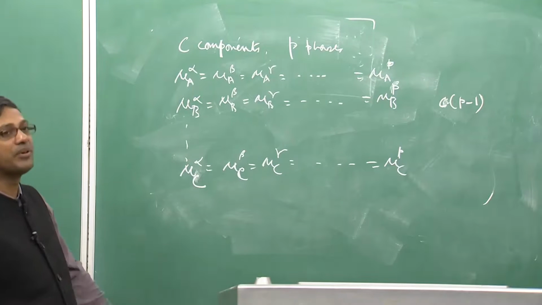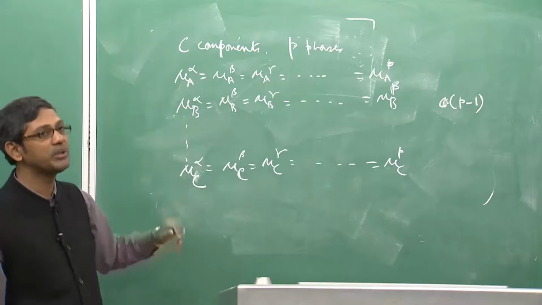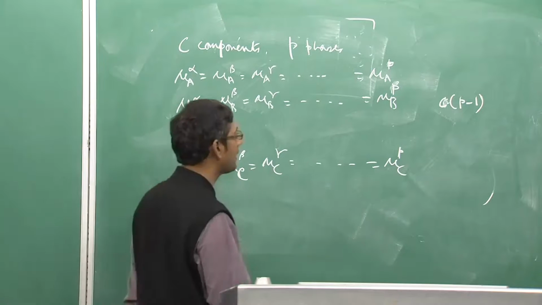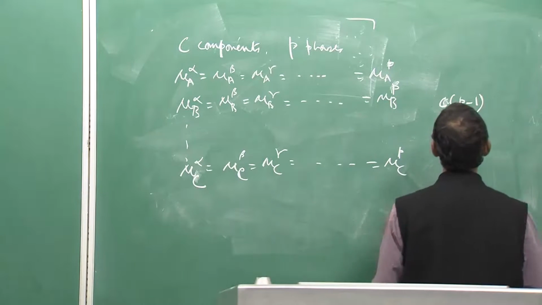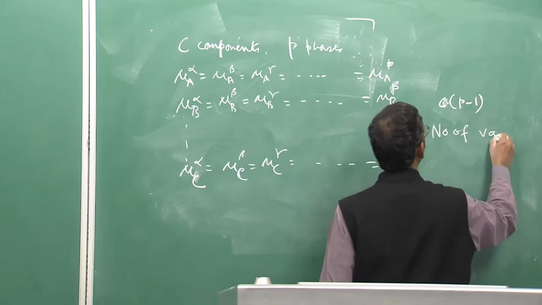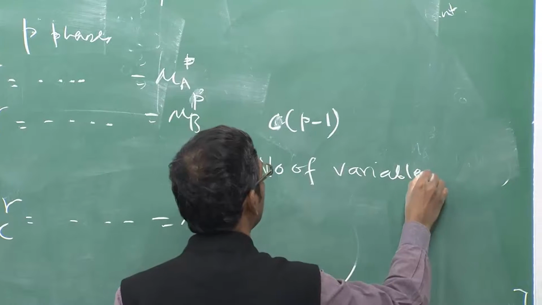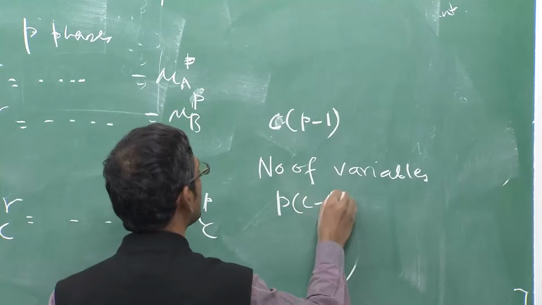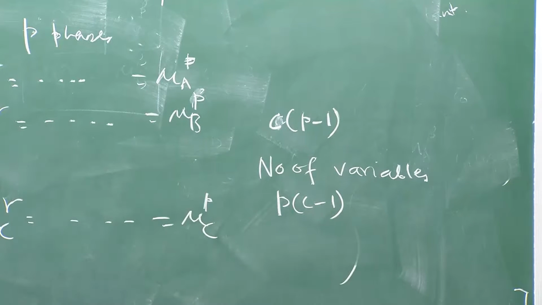But what is the number of variables when I have so many components and so many phases? The number of variables is P phases times C minus 1 components. Why? That is very simple.